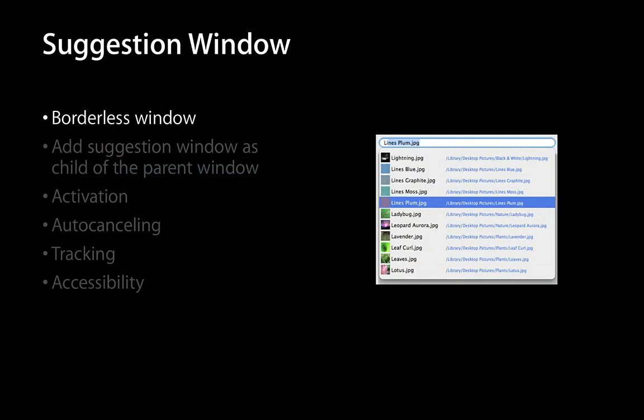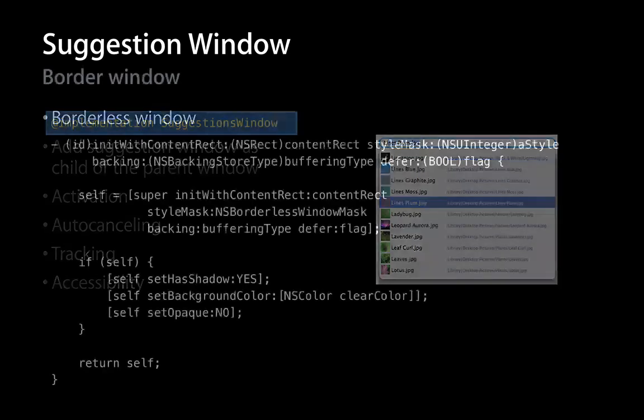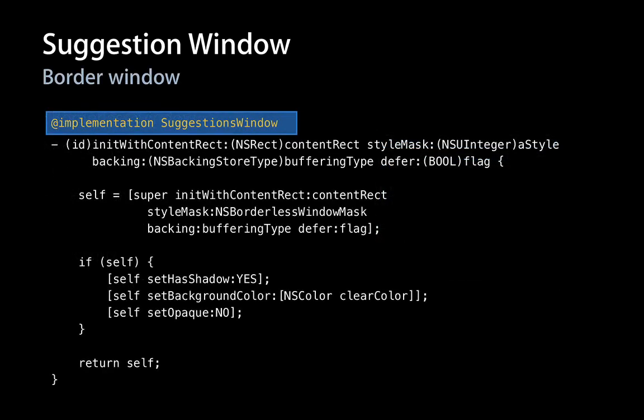So the first thing we need to do when we're going to create our suggestion window is create a borderless window. Fairly easy to do. In this case, we have a custom subclass of NSWindow called SuggestionsWindow in the sample code. And we created a subclass for two reasons. First off, in Interface Builder, there's no checkbox or series of checkboxes you can click to get a borderless window.